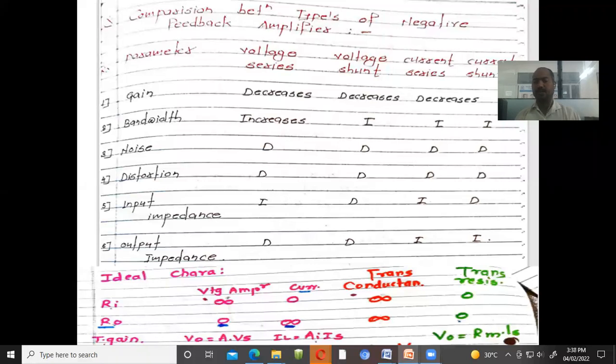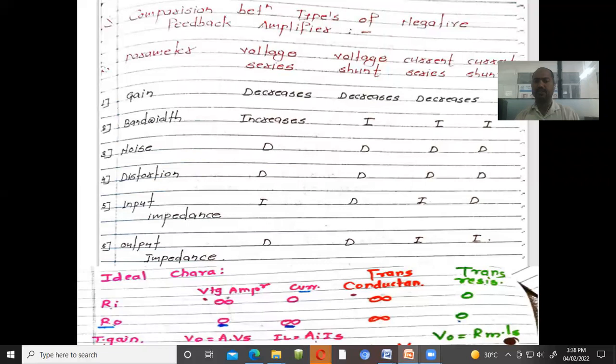If we apply a signal to any device, it fluctuates: sometimes it is 9 kilohertz, sometimes 10, sometimes 11, sometimes 8. That is nothing but variation, and it is not acceptable. So to stabilize the gain, we have to use negative feedback in an amplifier.